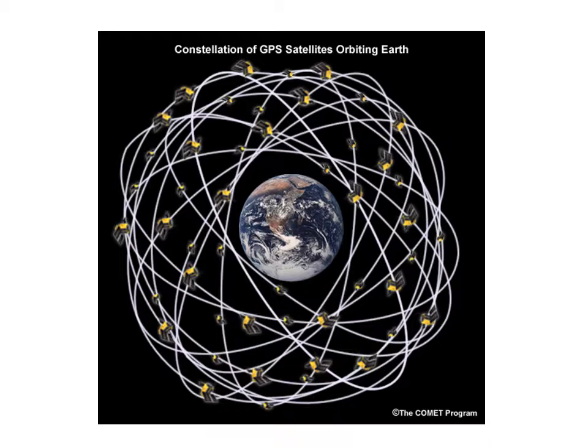Each path is 11,000 miles above Earth's surface, tilted 55 degrees in relation to the equator, and they are spaced evenly around the globe. Each of these 6 orbital paths has 4 GPS satellites, and these satellites are spaced evenly around their orbits. Each of the satellites makes a complete orbit of the Earth in 12 hours.